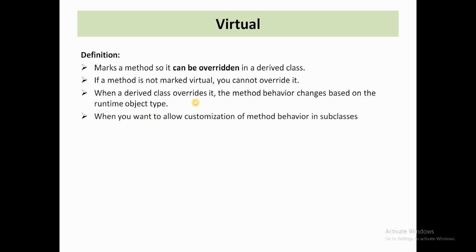If we override the virtual method in the new method, then it totally changes the behavior, because in the new method we applied some new logic and it will give us new output, meaning a new value. When you want to allow customization of method behavior in subclasses, not in the main class, then we can go with this approach.